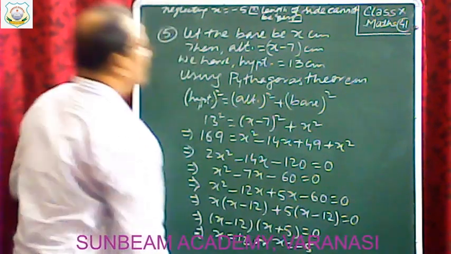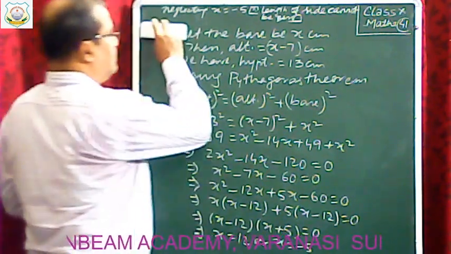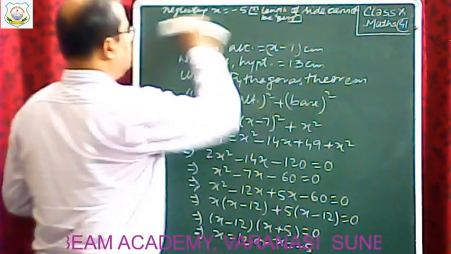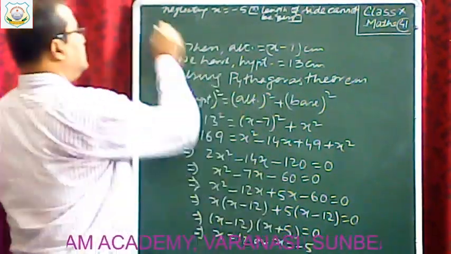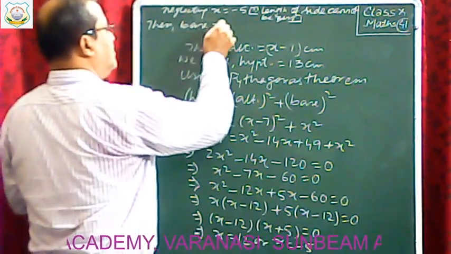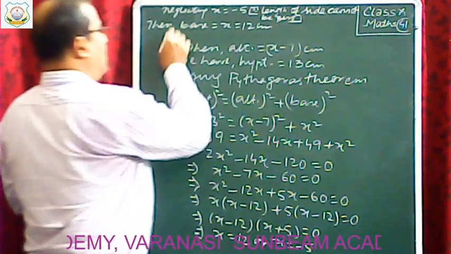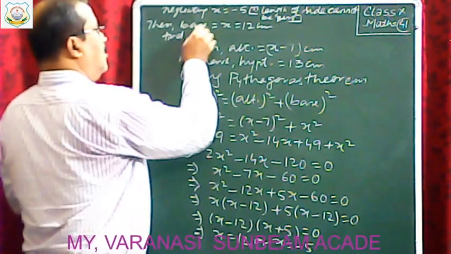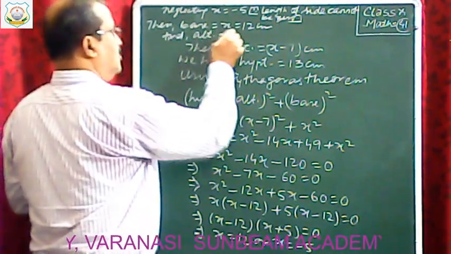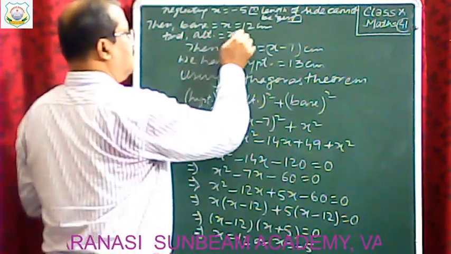Okay, so we get base equal to 12 centimeter. Then base equal to x equal to 12 centimeter and altitude, that is x minus 7.